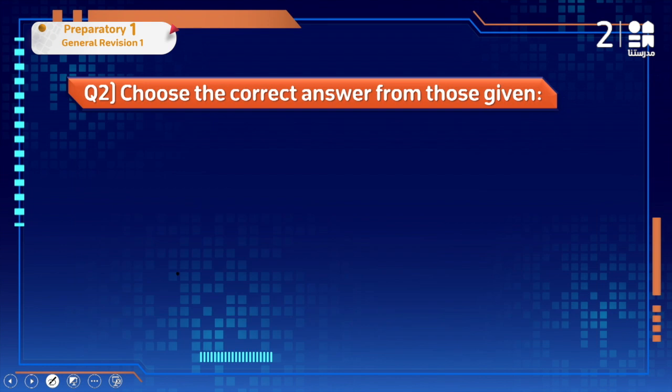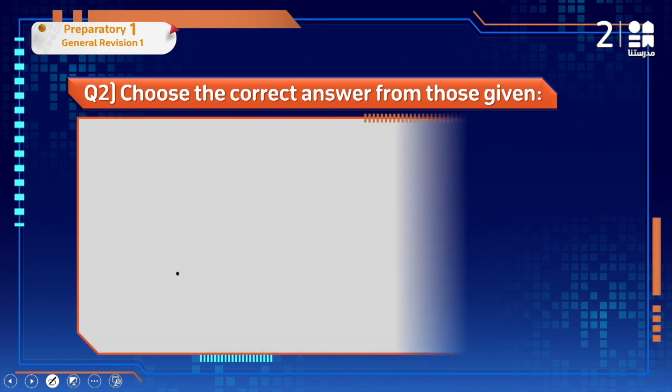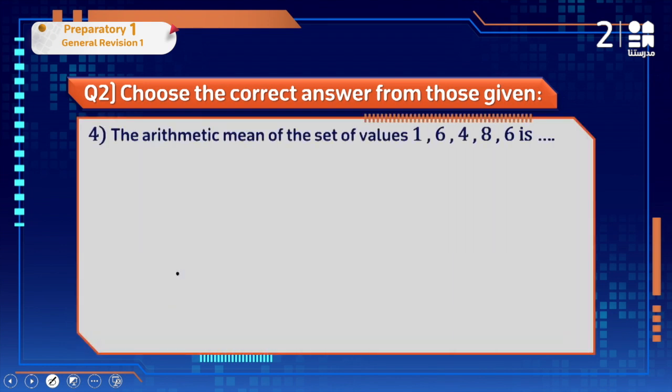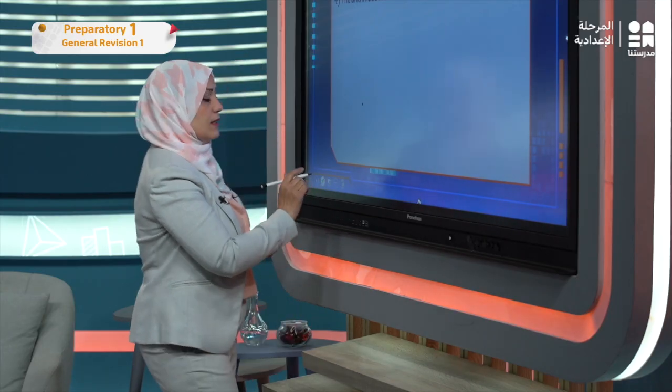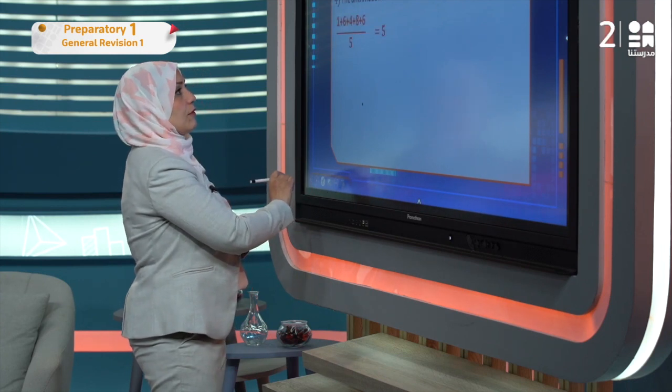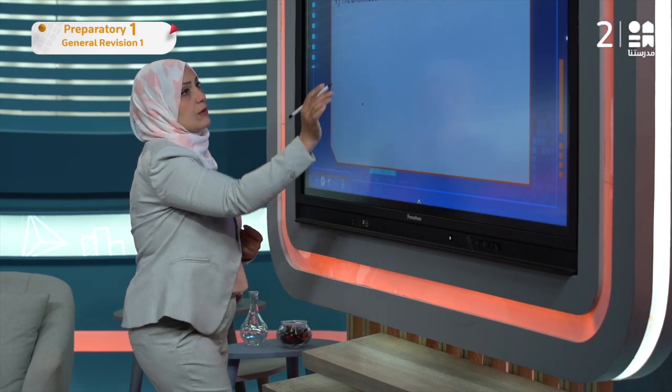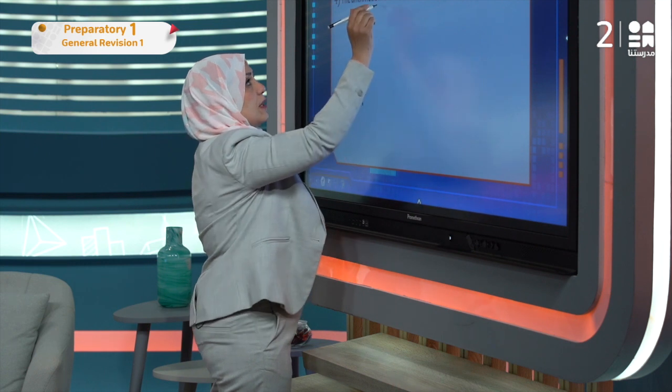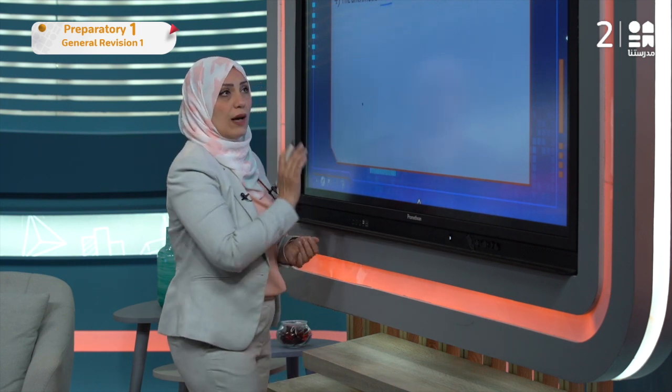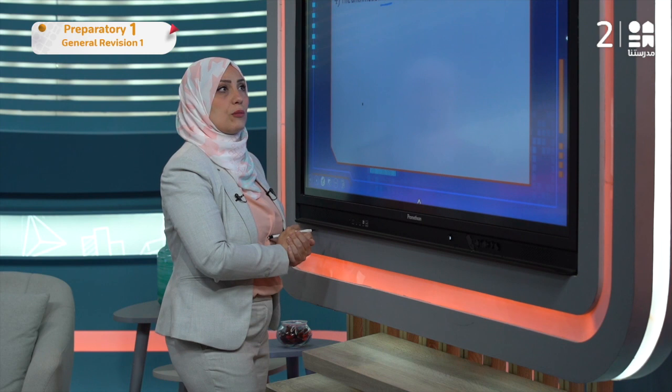Then question 2. Also here we have choices. Okay, the arithmetic mean of the set of values 1, 6, 4, 8, and 6 is, and here we have choices. So we need to add them. The mean, we have to add the values, divide by the number of values.